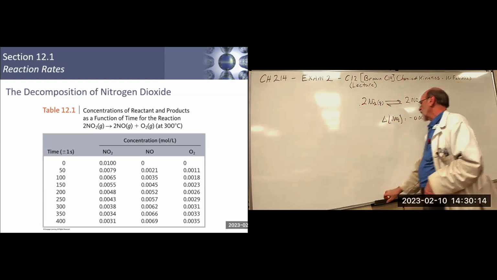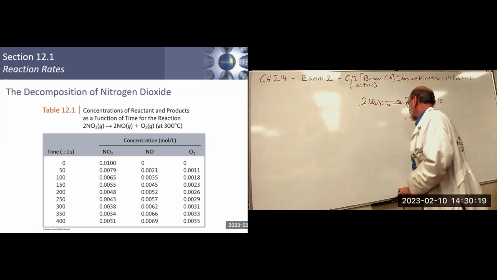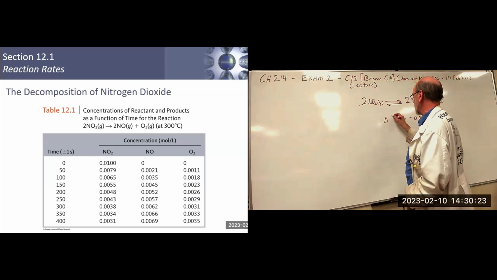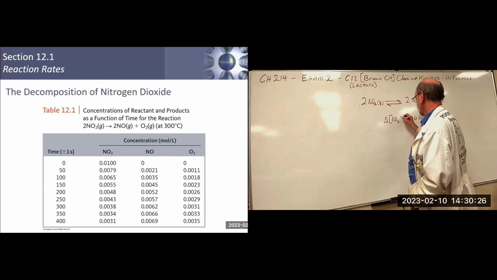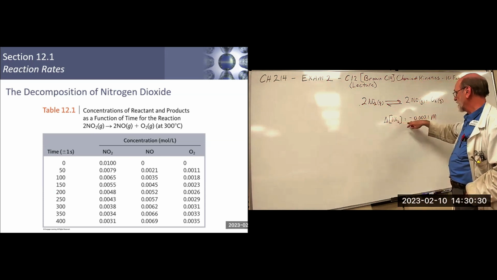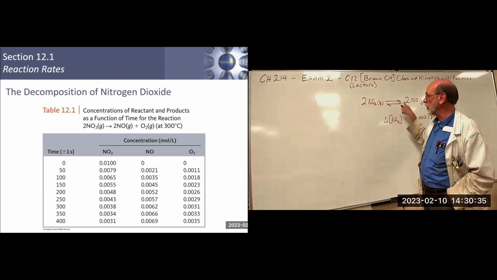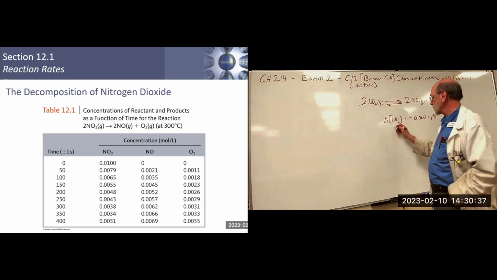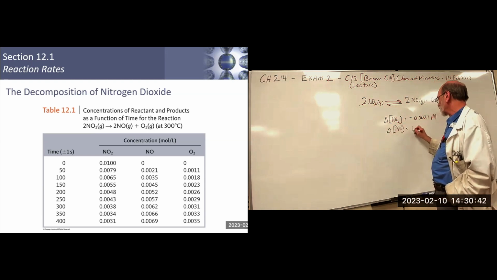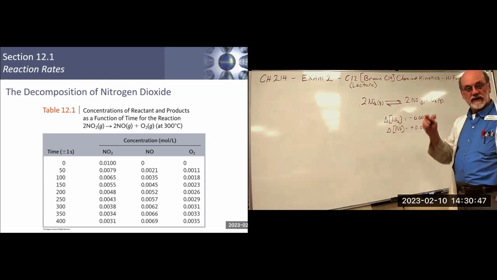I shouldn't say the rate. That's not right. It's not the concentration. Well, yeah, that's right. The concentration has changed for NO2. I don't have a time factor in this one. This is just the change that's occurred. And since these are 1-to-1, then you should also see an increase in NO equal to a positive 0.0021 in that same time interval. And that's what we see.